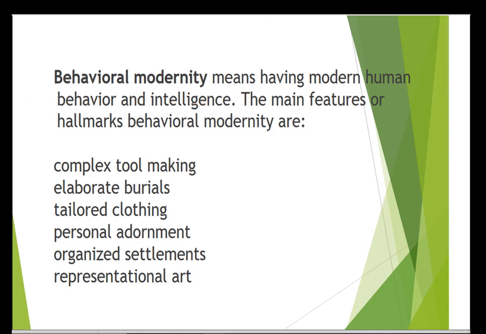And so the Upper Paleolithic is characterized by these features. Things like complex tool making, elaborate burials, tailored clothing, personal adornment like jewelry, organized settlements, and mainly, above all, really clearly, representational art.